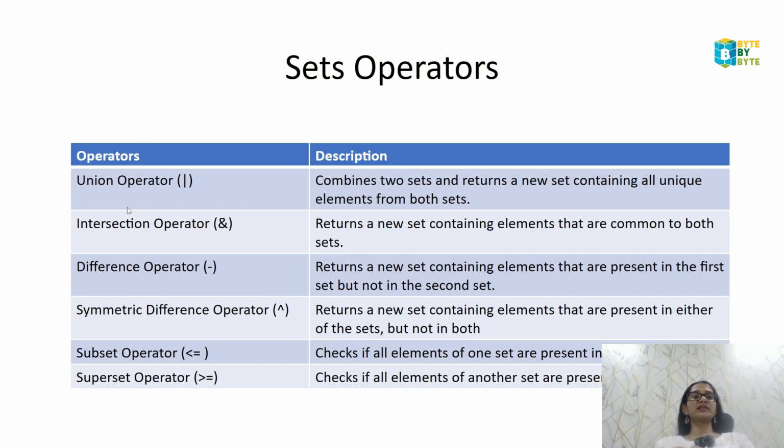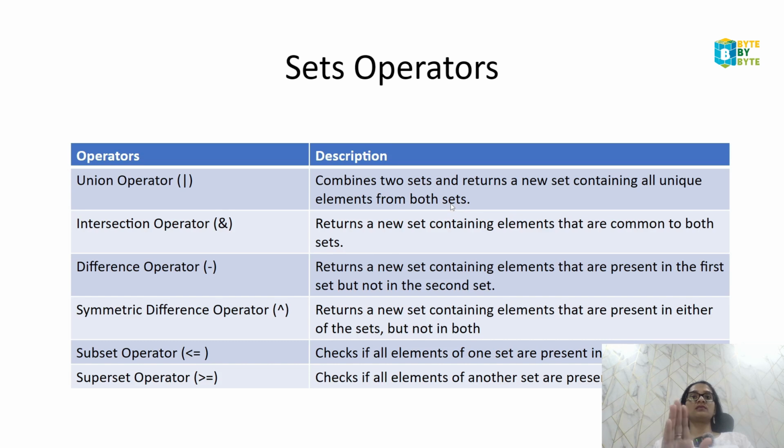First of all we will see the union operator. The union operator is represented by a vertical bar. What does the union operator do? As the name suggests, it combines two sets and returns a new set containing all unique elements from both of the sets.